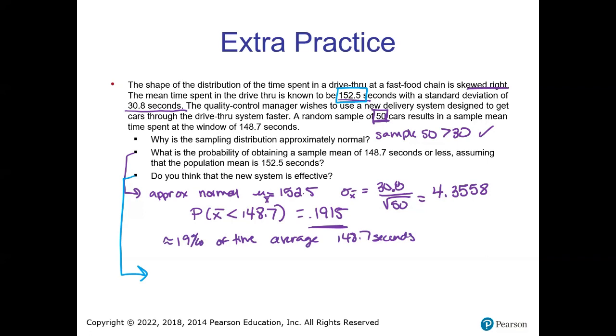But is it really that much faster than 152 seconds? Is there really a big difference here? To go from 152 seconds to 148 seconds, I'm saving the customer 4 seconds. Is 4 seconds going to be very long for a person? Probably not. Did it maybe make it a little faster? On average, not really. Is there maybe a little less spread?